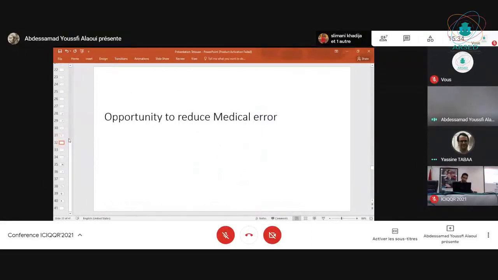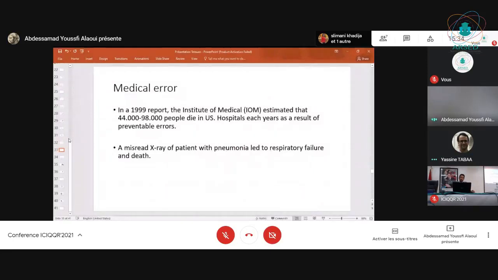So to improve or reduce medical errors, for example, in 1999 reports in the United States, they found that between 44,000 and 98,000 people die in the United States because of a misreading of X-ray images.